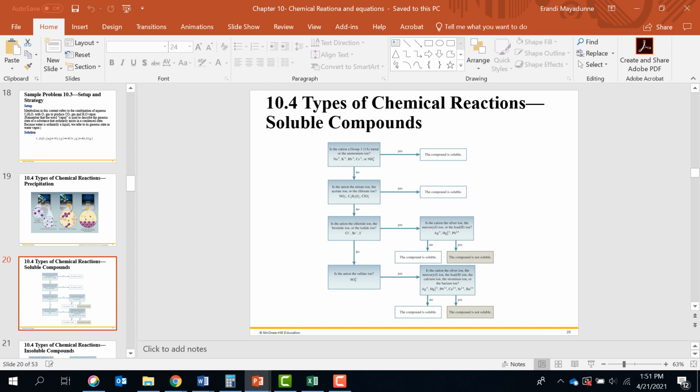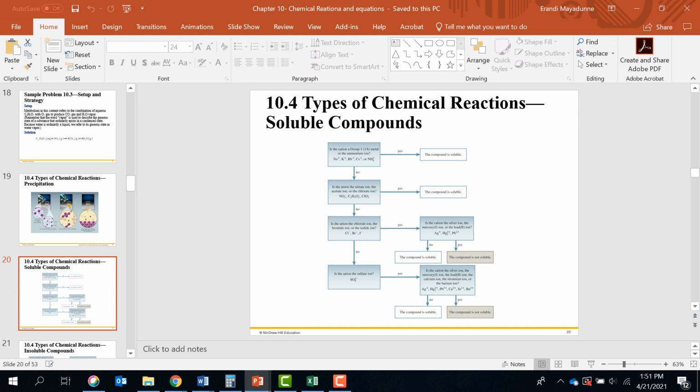Now we are going to the next step. Our next step is if the anion is chloride, bromide, iodide, then they say usually chloride, bromide, iodide are soluble unless the cation is silver, mercury, lead.